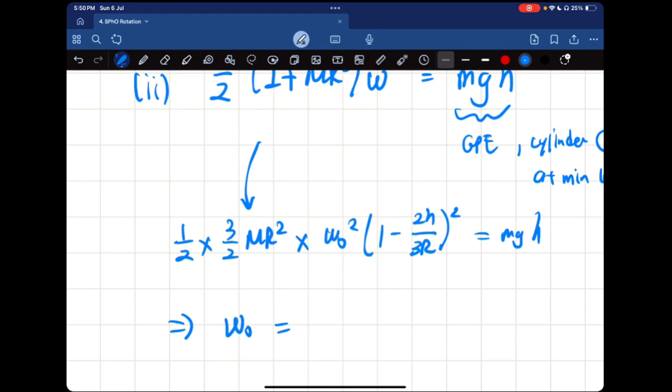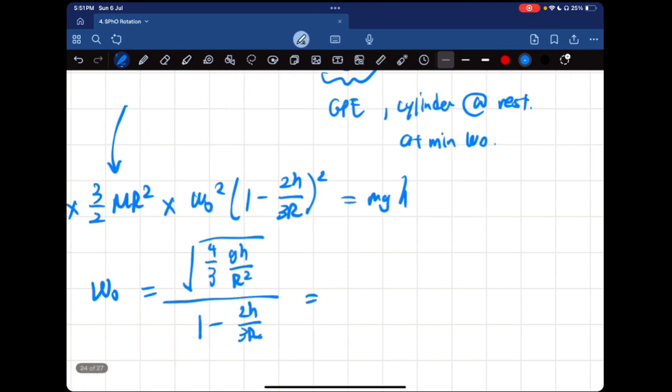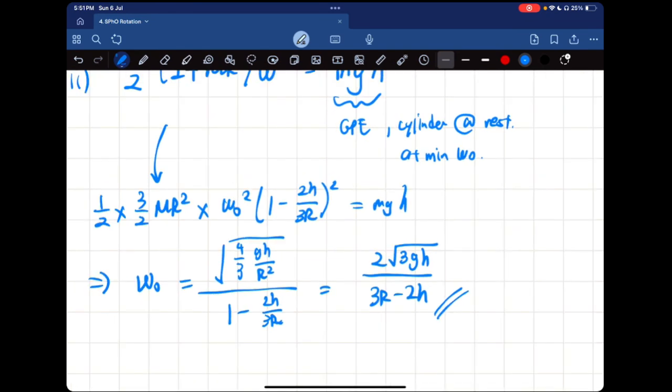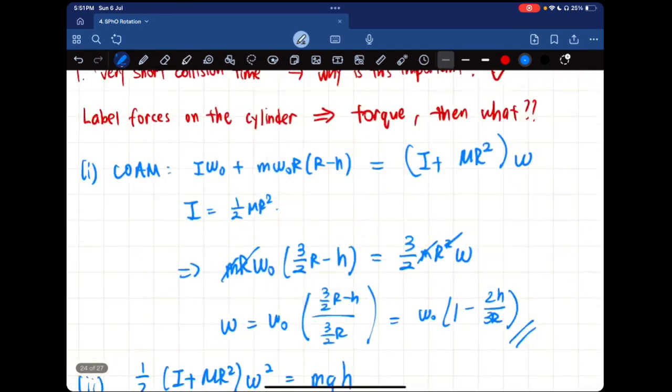You should arrive at this. This can be simplified to this eventually. That's what you arrive at. Okay, so this is a matter of using COE.